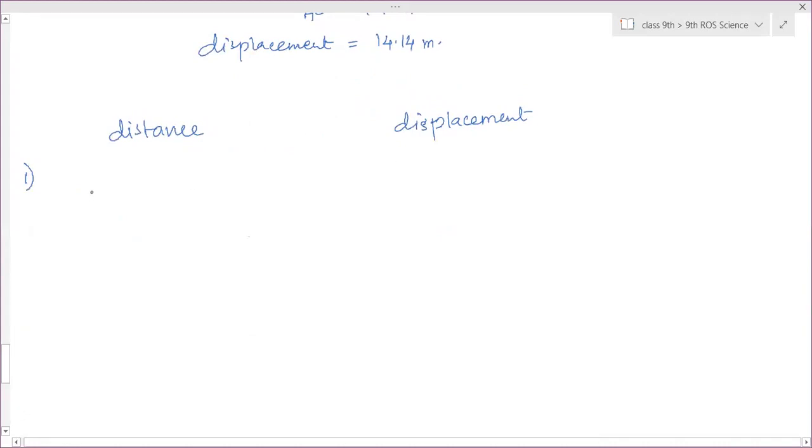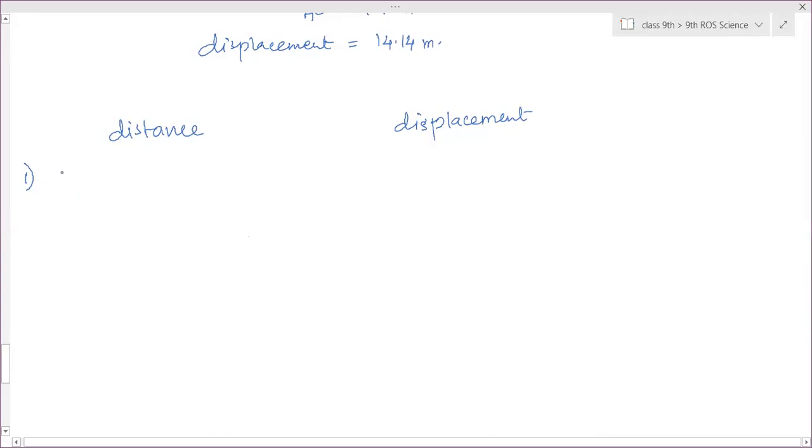What is the definition of distance, Bhanupriya? Yes, ma'am. Distance definition is... Ma'am, just a minute. I'm asking one by one. Yes, Bhanupriya, quick. Yesterday only done.